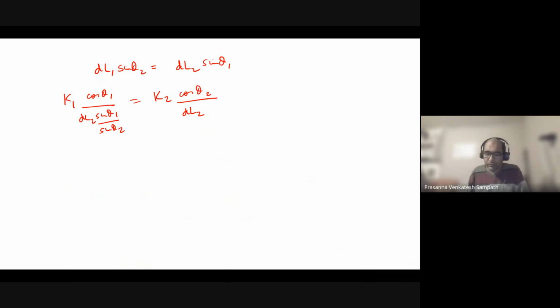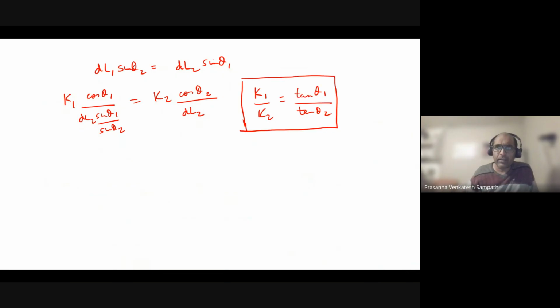You don't worry about the trigonometry. It's trivial really. You can figure it out. It won't take you too much time. I do a little bit of rearrangement and finally what I end up with is K1 by K2 is equal to tan theta 1 by tan theta 2.